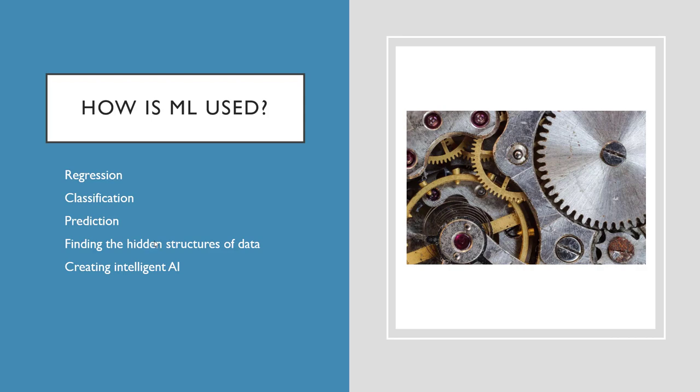There's classification, prediction as well, finding the hidden structures of data and creating intelligent AI. Classification is cool. Prediction is essentially what we're going to try to do. And each of these things you can take a look at and read more into.